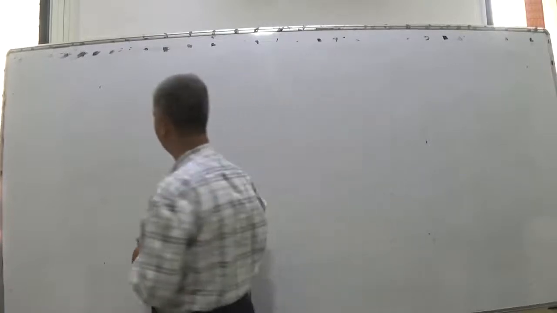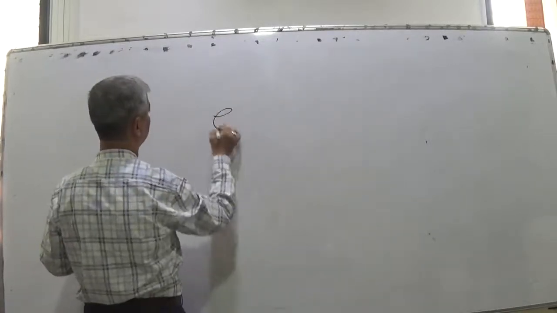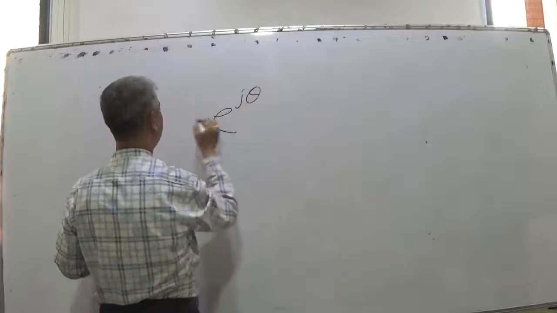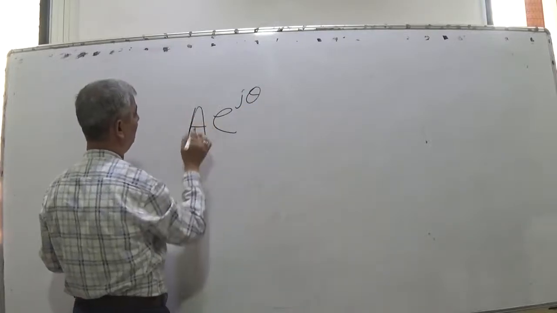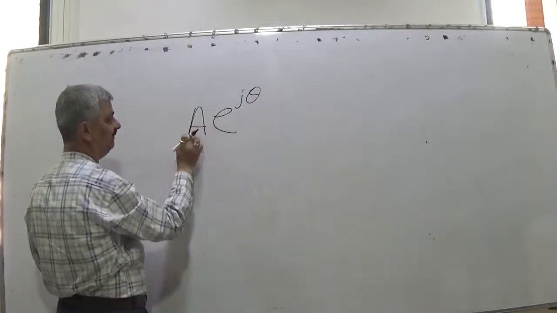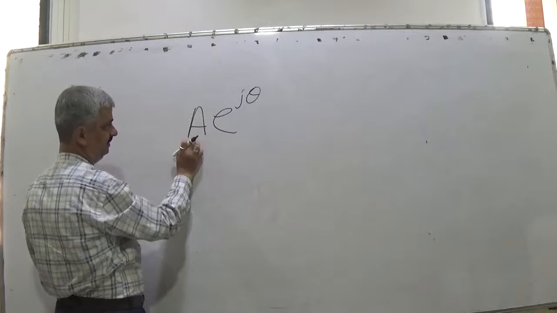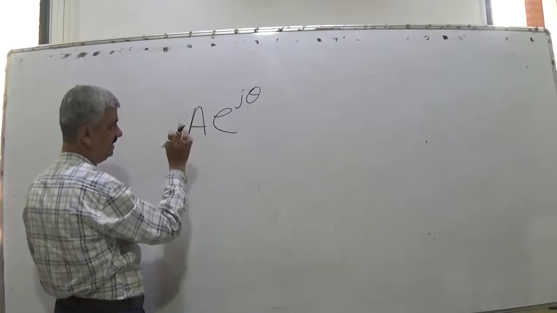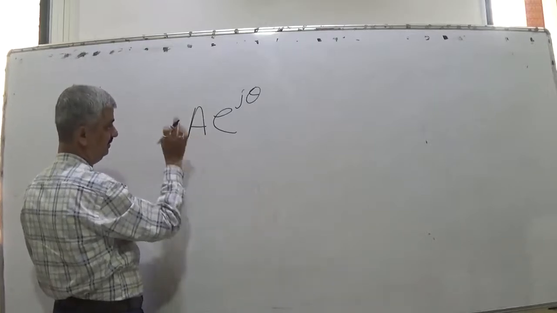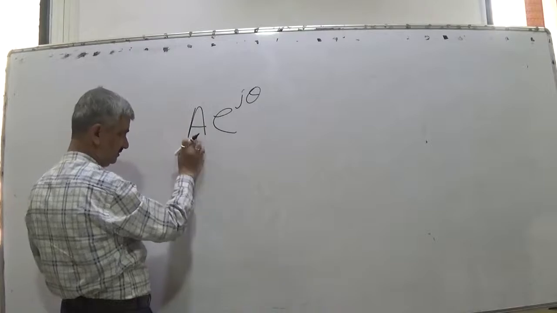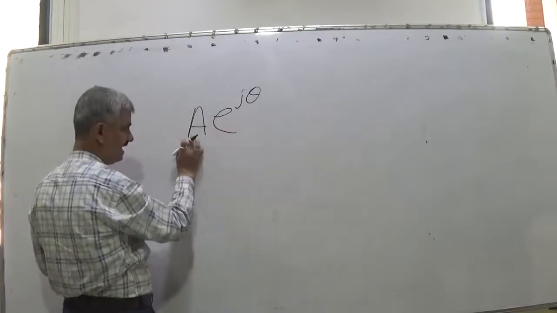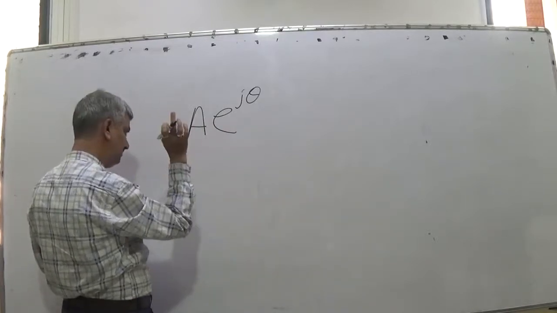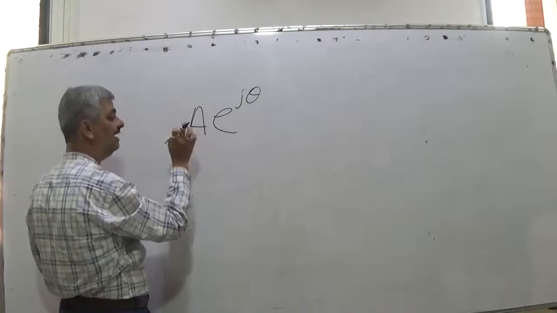So e raised to j theta, if I multiply by constant A, where A can be real, then the radius of the circle changes. If A is imaginary, radius remains 1 and the angle changes.